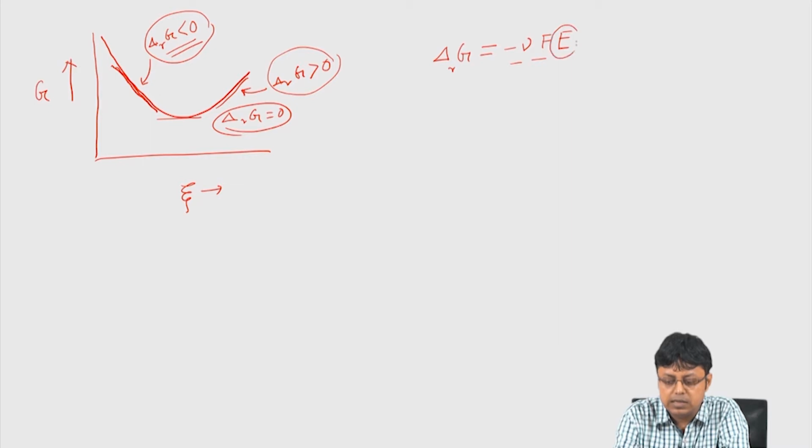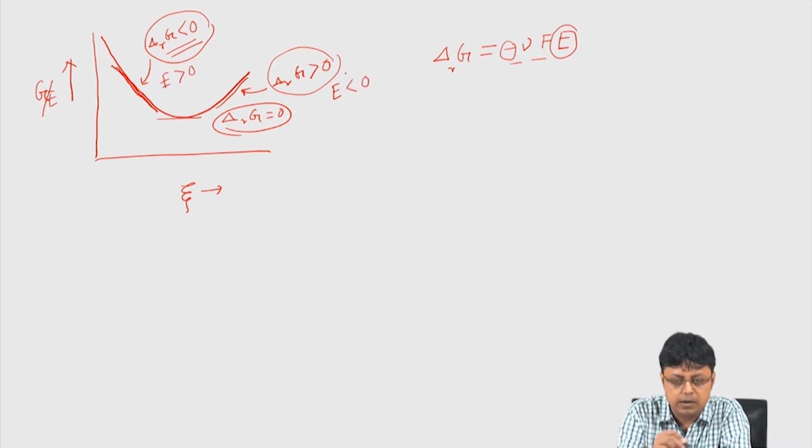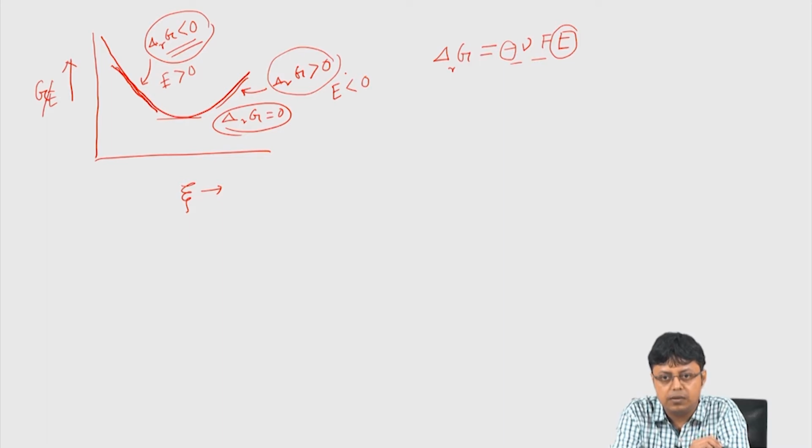Now, we can see that the sign will always get reversed if we plot it in terms of E, because the E, which is related to this slope, is positive here and E is negative here, and that is the meaning of the direction of the spontaneity, and when equilibrium is attained, E will of course be equal to 0.